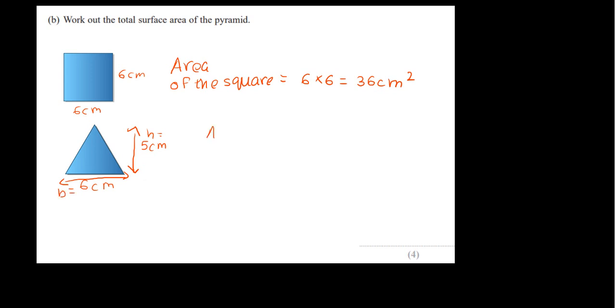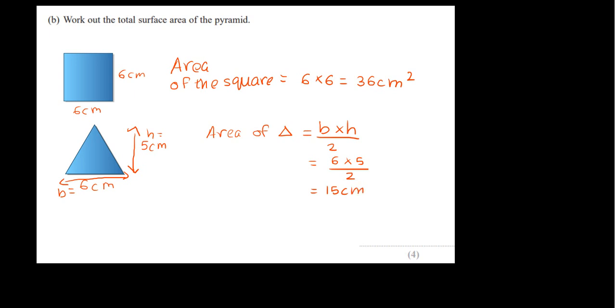So the area of the triangle is base times height divided by 2. The base and the height have to make a 90-degree angle, so it'll be 6 times 5 divided by 2, which is 15 centimeters squared.